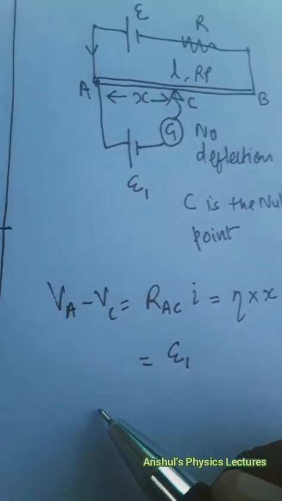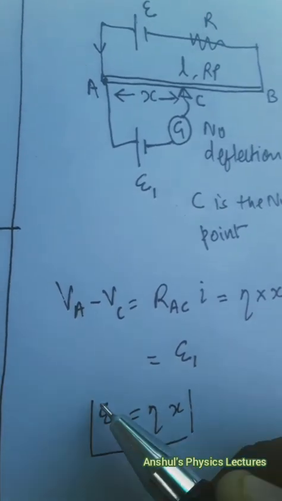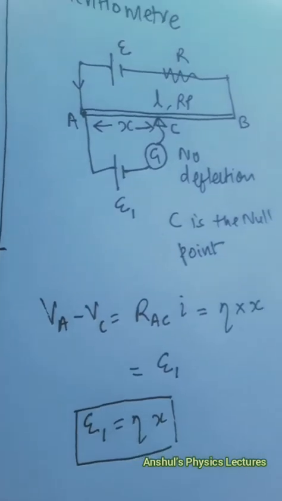Now equate the two, you will get E1 is equal to eta times x. So this is the formula for EMF of unknown cell.